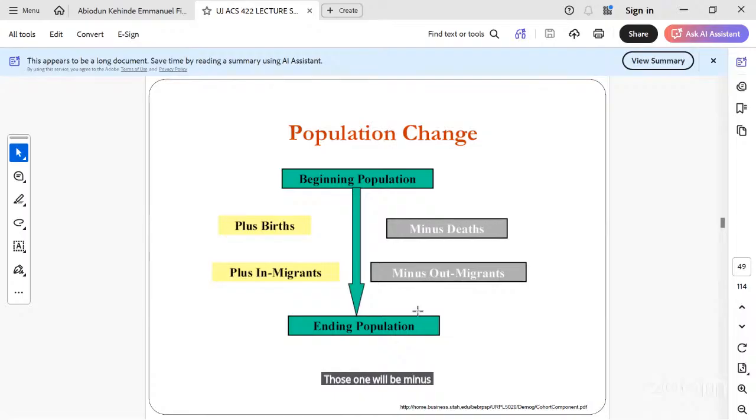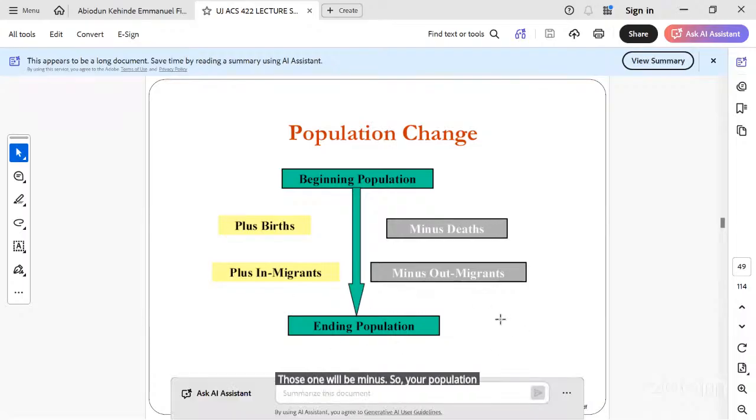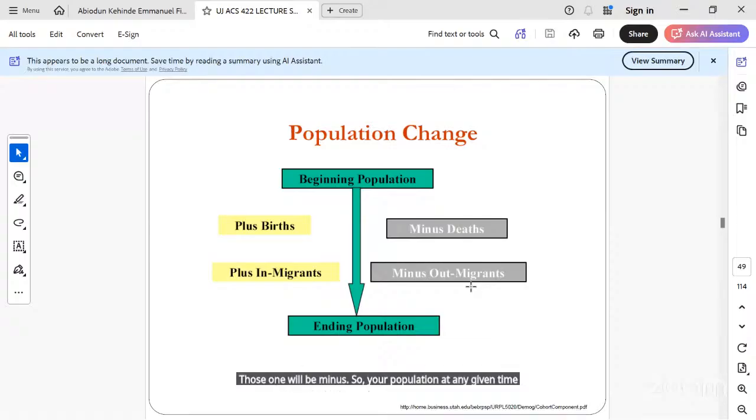So your population at any given time will be a function of the population at the beginning, number of deaths, number of births, and net immigration, by the time you remove the number that are emigrating out and those that are coming in.